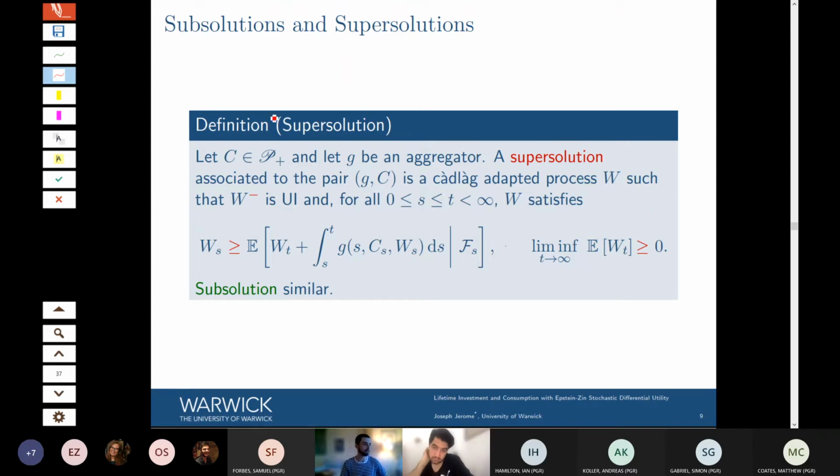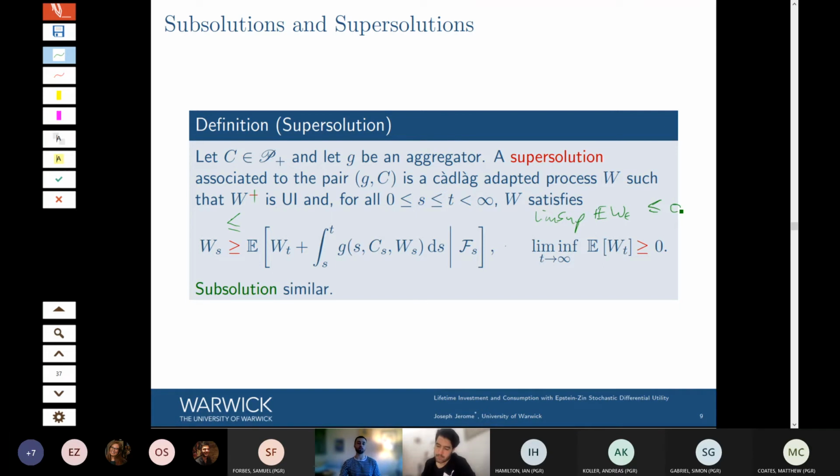Similarly, a subsolution is similar, but we're going to have that the positive part is uniformly integrable. This is going to be replaced by a less than or equal to, and the transversality condition is going to become lim sup of the expectation of Wt is less than or equal to 0.